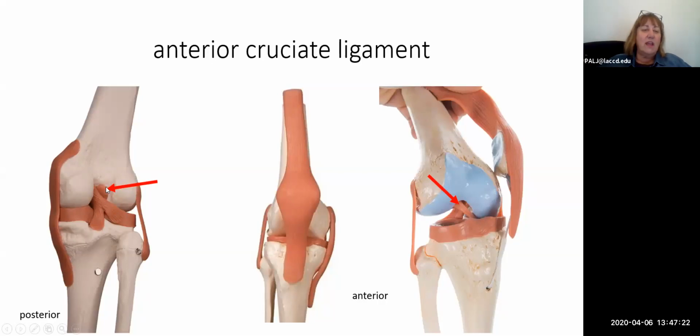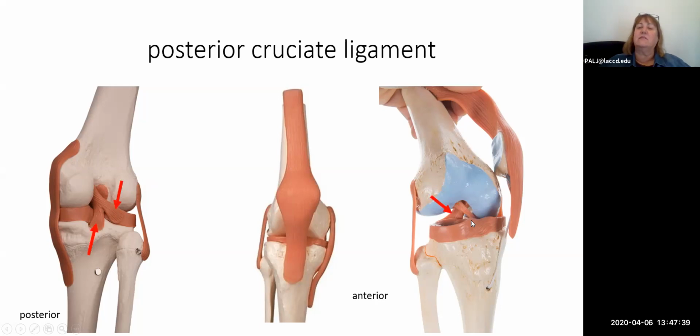Whereas the one that the red arrow is pointing to on this one has a posterior attachment to the tibia, but then it dives anteriorly. So you can see it crossing in front of the other one on this anterior view, and that's why it's called the anterior cruciate ligament. So in case you're thinking to yourself, oh, is that the ACL?